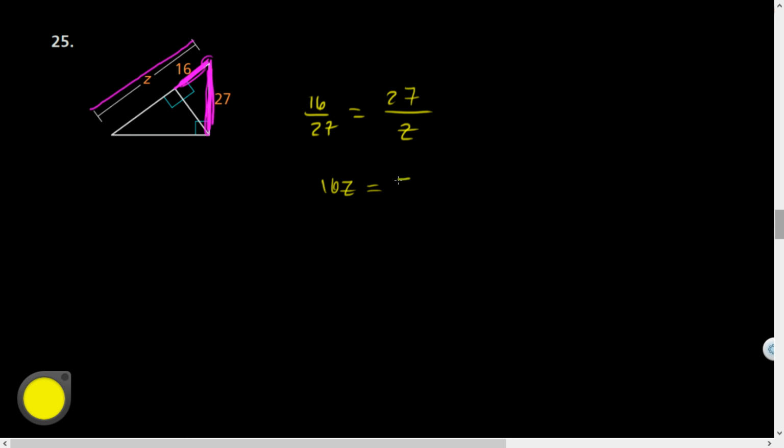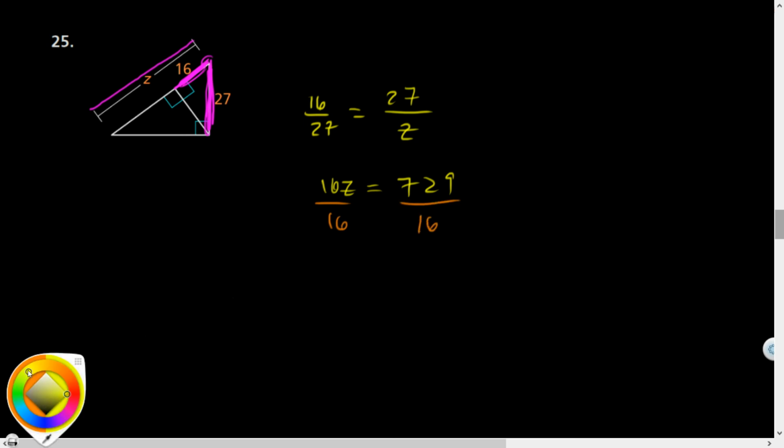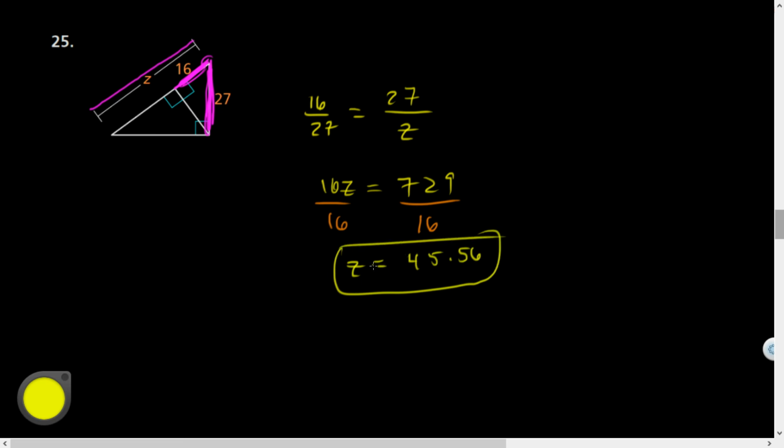It's just a matter of setting up the proportion. That's going to be the work for you guys. The algebra, you're already algebra buddies. So cross multiplying, I got 45.56-ish, so I'll change this to a squiggle sign.